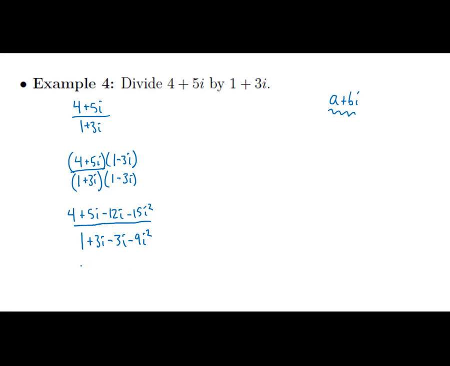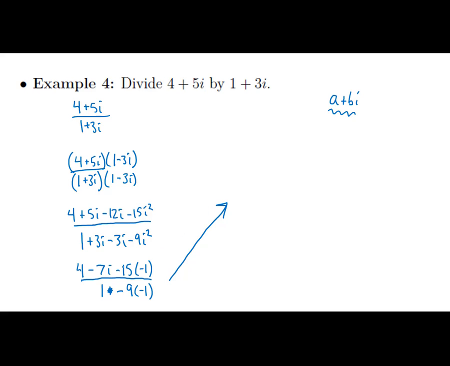So what I have now is 4 minus 7i minus 15 times -1, since i squared is -1, all divided by 1 minus 9 times -1.